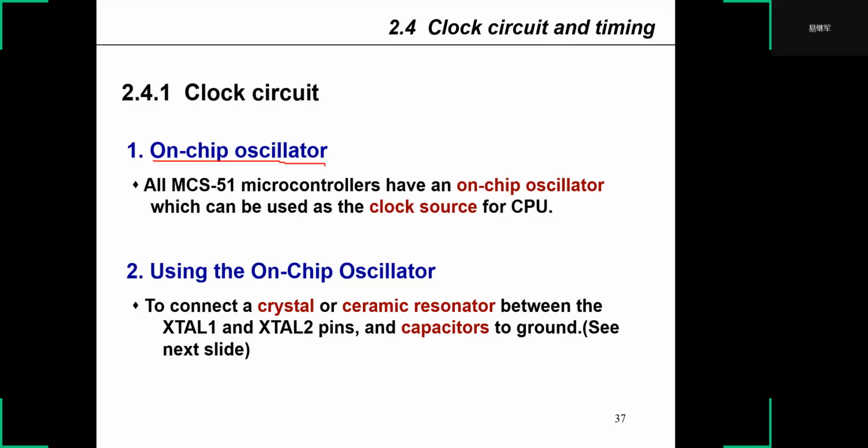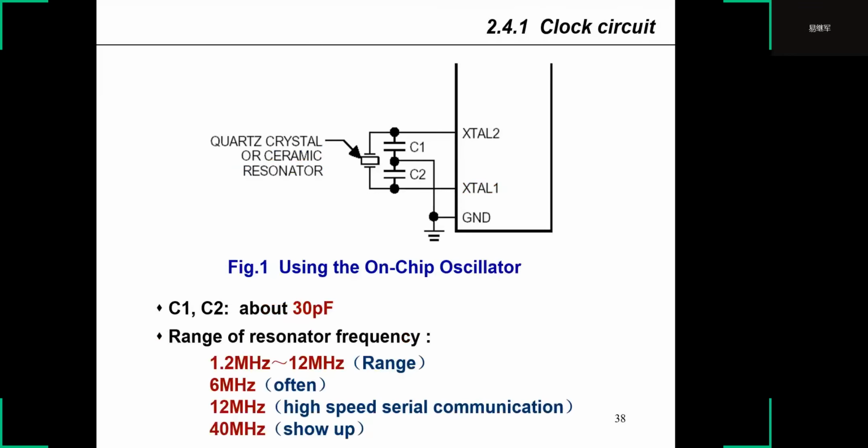Using the on-chip oscillator, connect a crystal or ceramic resonator between the XTAL1 and XTAL2 pins and the capacitors to ground. We can use it like this.